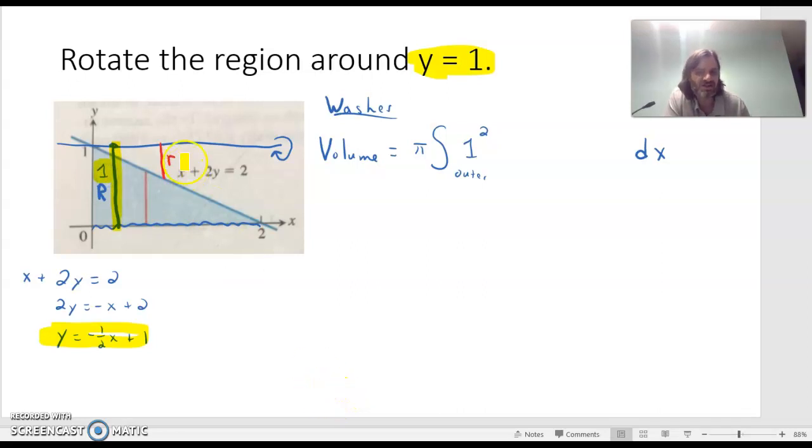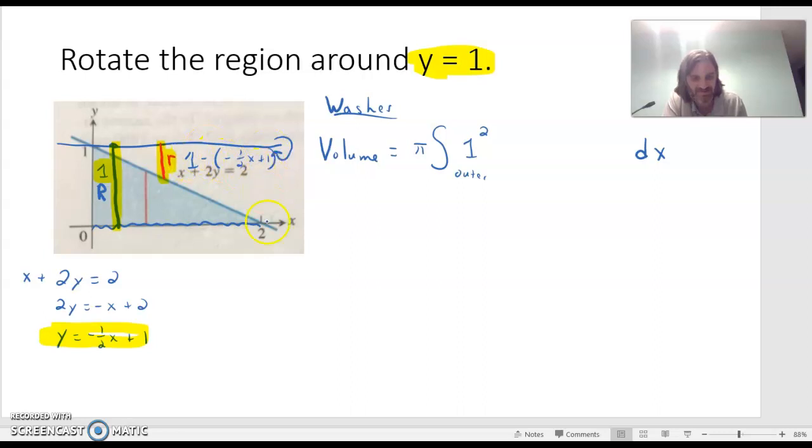Okay, now from the line of rotation down to the y equals negative 1/2 x plus 1, how are we going to find that? Because the negative 1/2 x plus 1 gives us the distance under the curve. Well, if all the way out is 1, then this guy up here is 1 minus that negative 1/2 x plus 1.